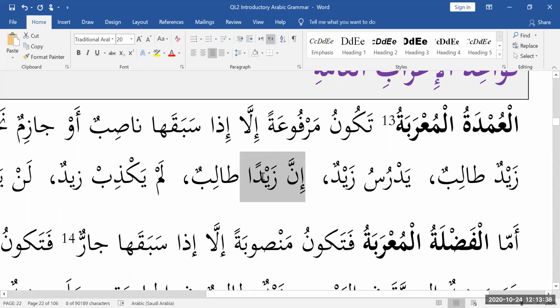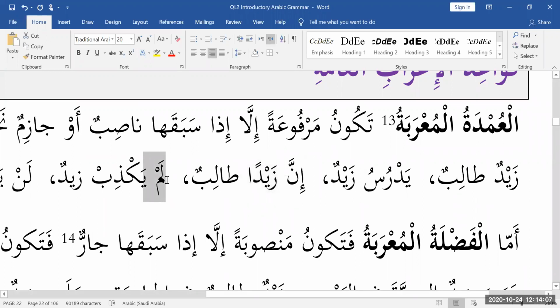So this is an example of the exception where a pillar preceded by a nasib, inna is a nasib, lost its rafa state and became mansub. So this is something we have to remember, that inna causes changes in the subject. And we learn this in a non-technical way in Easy Intro to Arabic.